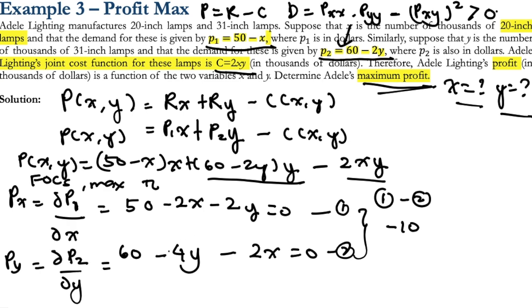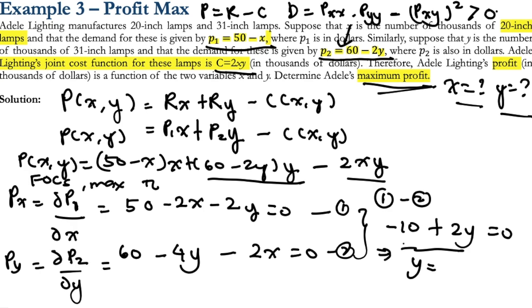Minus 2Y minus 4Y, we get positive 2Y. Okay, and then set it equal to 0, isn't it? Then from here, you can solve for Y. You solve it. I don't show you how to solve it because it's very easy.